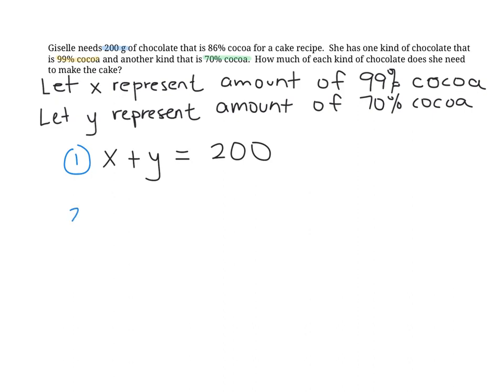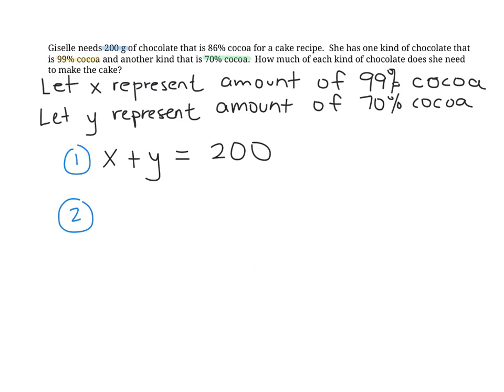Equation number 2 is where we're going to incorporate the percentages. Now, in math, we typically don't use percentages as is, so we're going to have to instead convert them into decimal values. So 99% can be written as a decimal as 0.99.